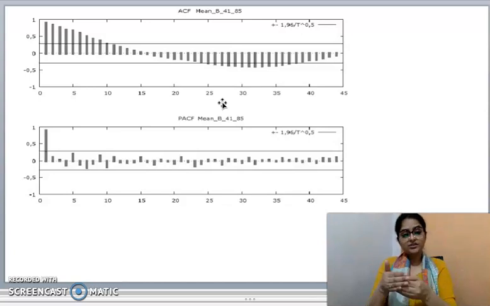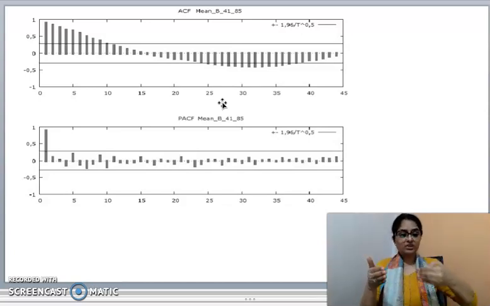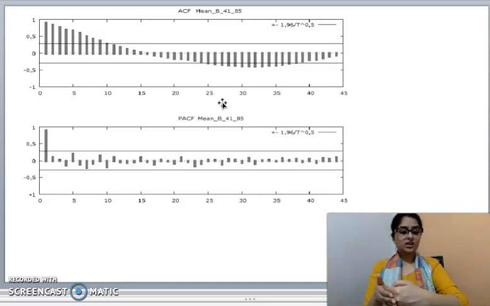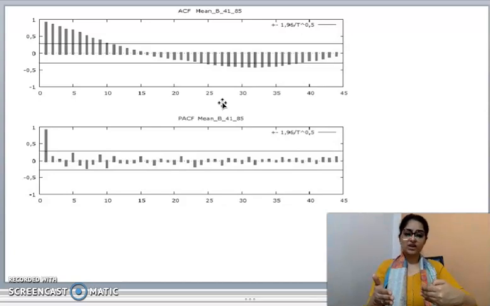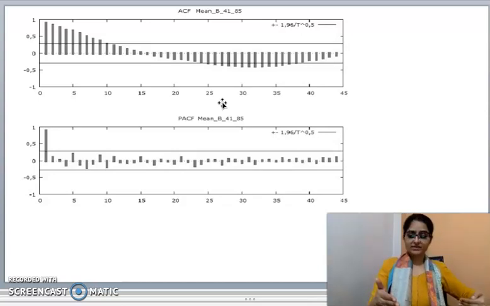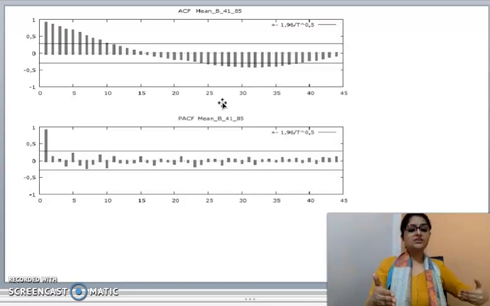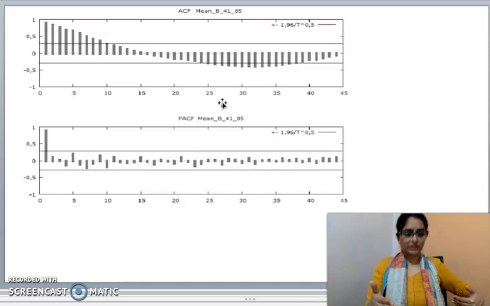Autocorrelation is the relationship of today's price with its previous lagged price. Autocorrelation of 1 means today's price is correlated with its past day's price. Autocorrelation of 2 means today's price is related to its past 2 days' prices. Autocorrelation of 3 means today's price is related to its past 3 days' prices. So that is the nature.